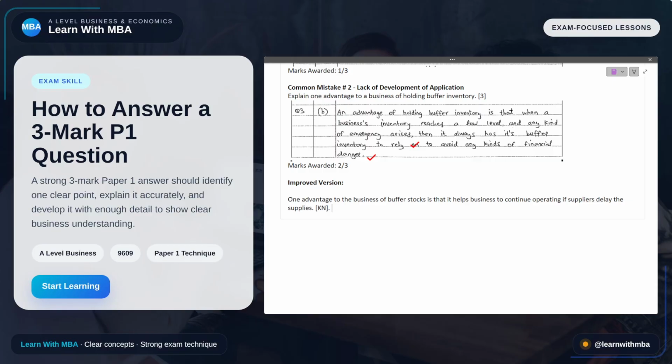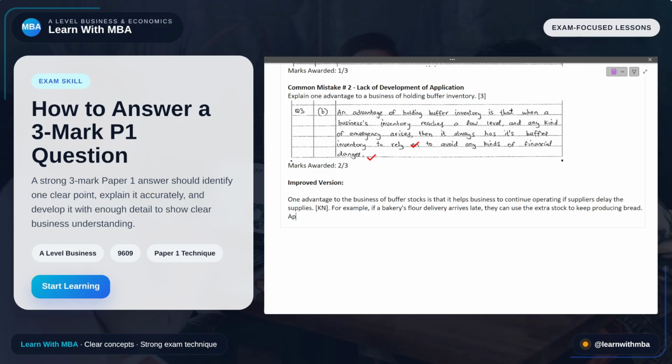What I do next is I say, for example, and I now need to link it with an example. I say, for example, if a bakery's flour delivery arrives late, they can use the extra stock to keep producing bread, right?